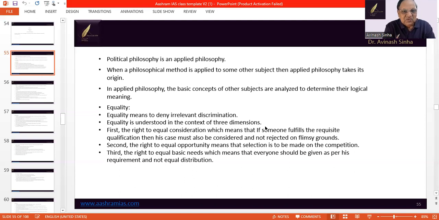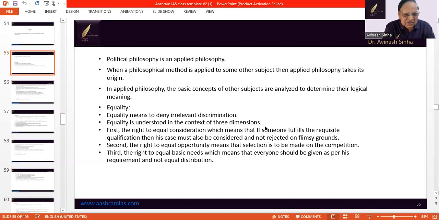Now let us begin with the first concept of this political philosophy, equality. Equality means to deny irrelevant discrimination. So equality is understood in the context of three dimensions.